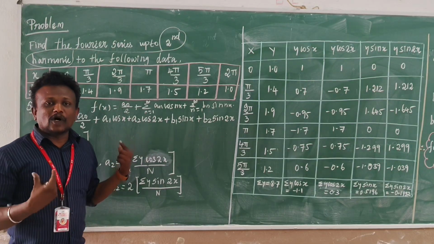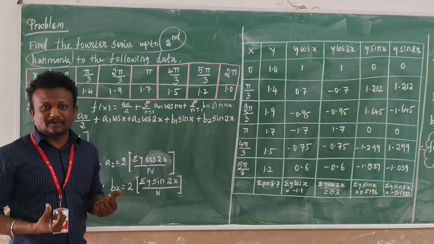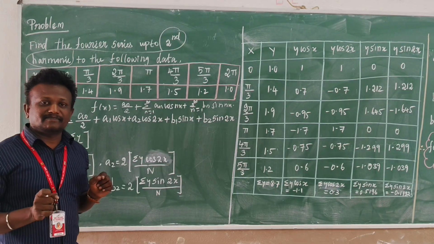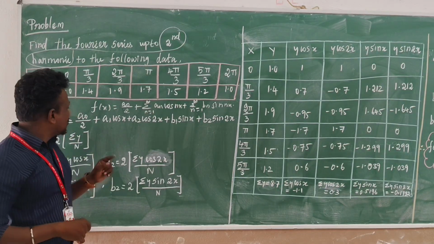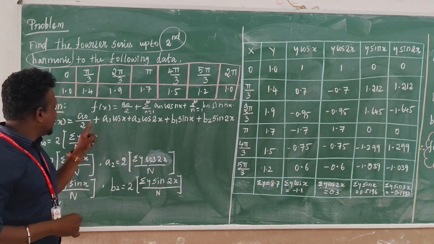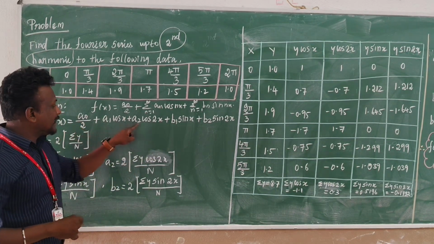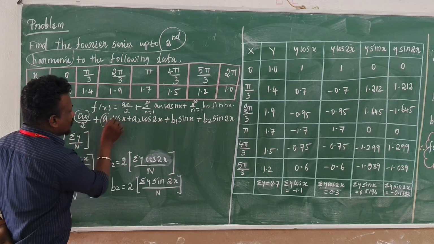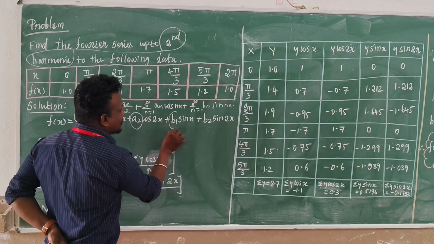Now this is our general Fourier series formula, where we require the Fourier coefficients. Let me check what Fourier coefficients we have here. We have A0, A1, A2, B1, B2. These terms are the Fourier coefficients.